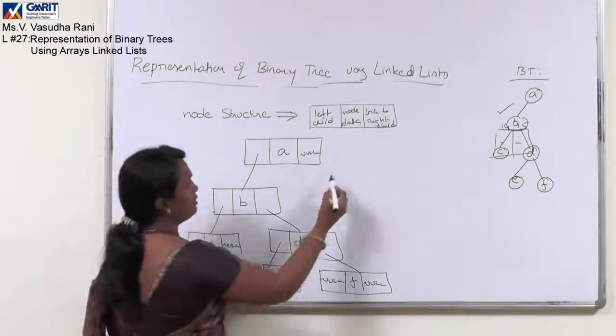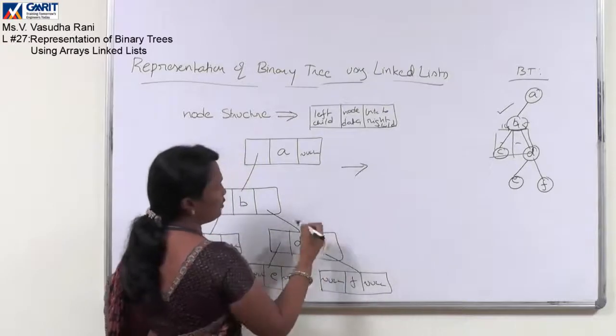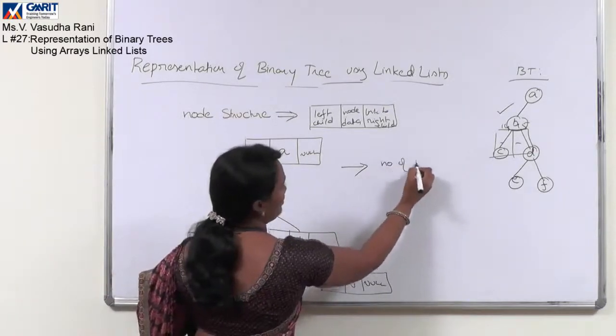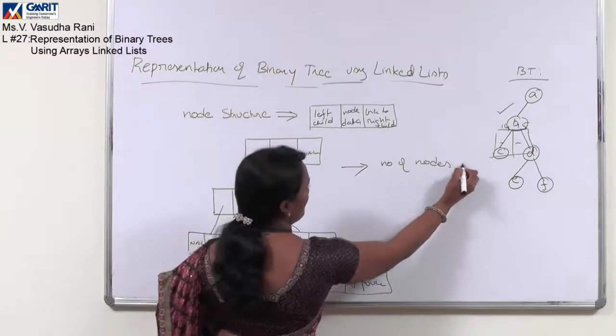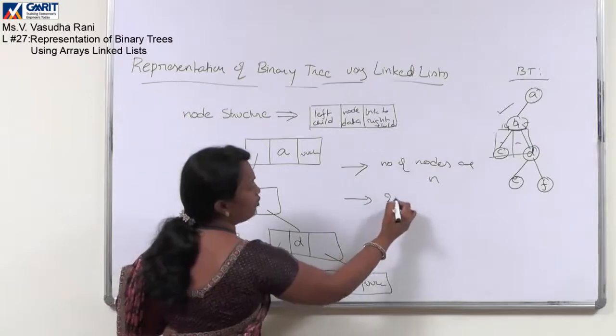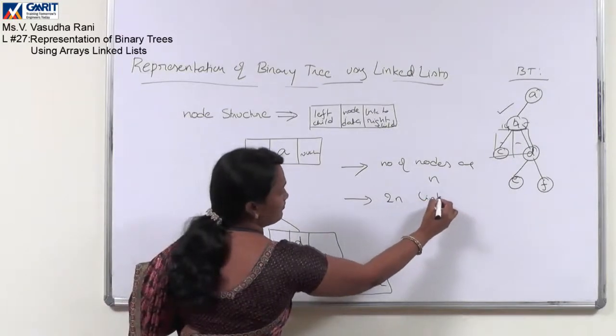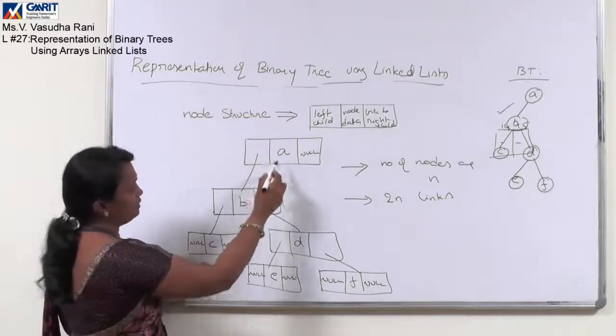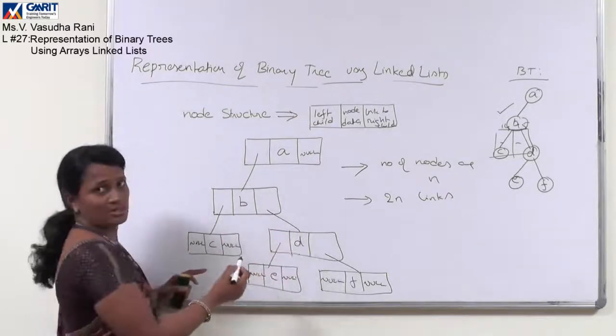And some more conclusions: if you consider the number of nodes as n, there are 2n links created. Here how many nodes are there? 6 nodes are there.